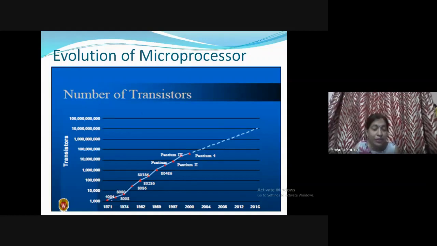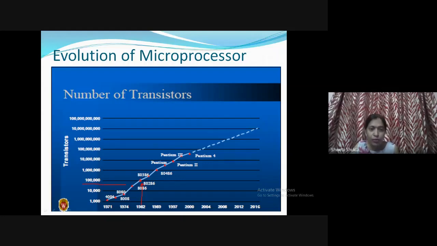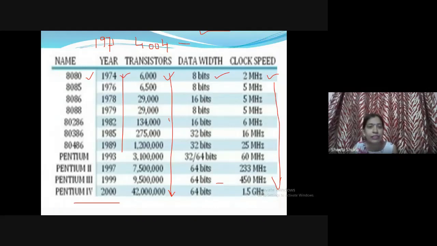You can see the graph. As I told you, in 1982 came the 80286 and 80386, with more than 1 lakh transistors.